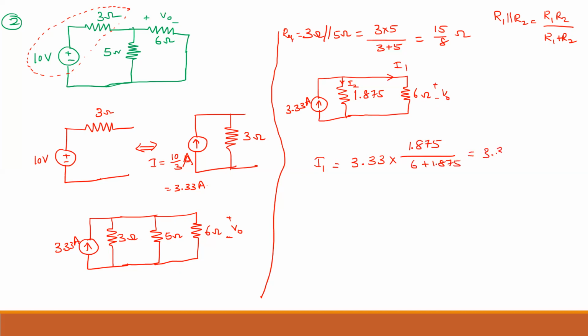You will get 3.33 into 1.875 divided by 7.875. If you do that, you will get I1 current equal to 0.7928 amperes.